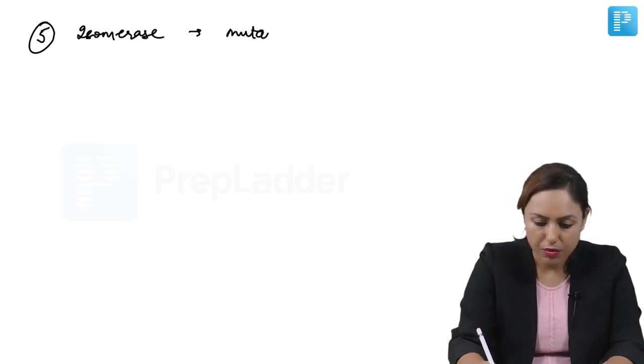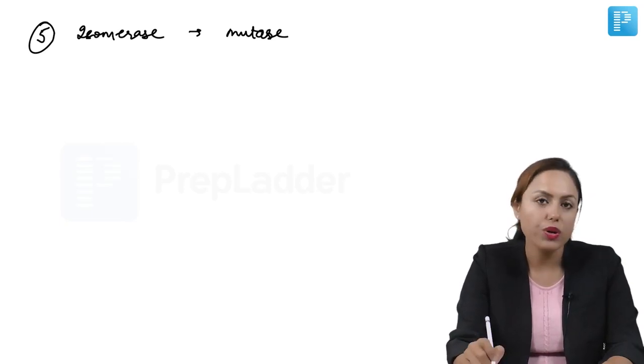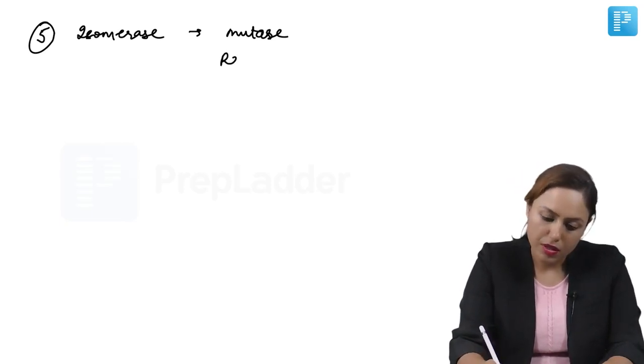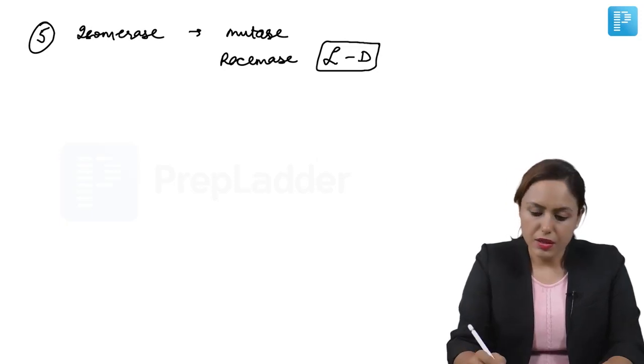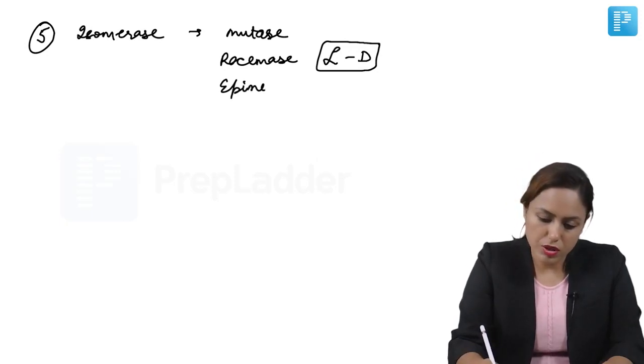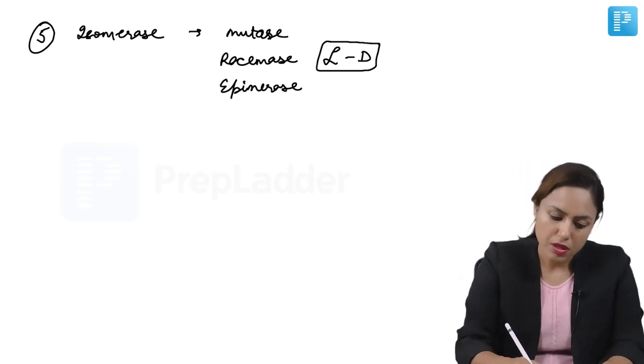For example, mutase, which will do intramolecular transfer. Then racemase, which will convert capital D and capital L isomers into each other. Then epimerase, which will interconvert epimers into each other, right?